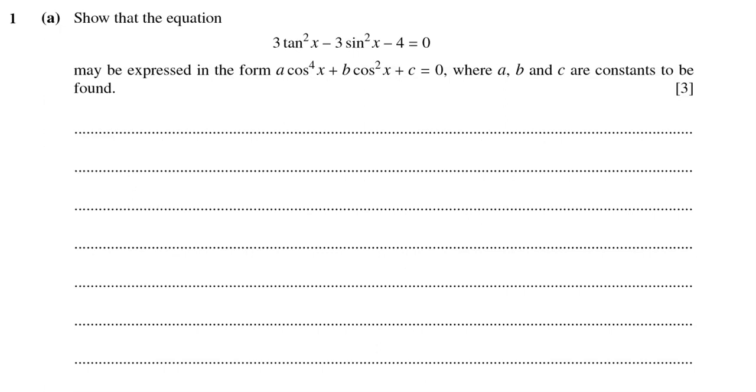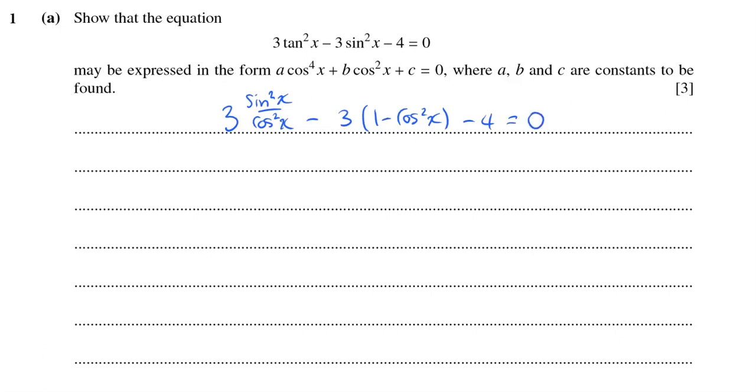So the first thing is let's take tan squared and turn it into sine squared x divided by cos squared x, and then subtract 3. All right, this sine squared x we can turn into 1 minus cos squared x, and then finally we've got the minus 4 equals 0. So good progress already.